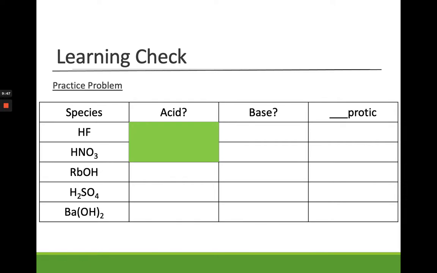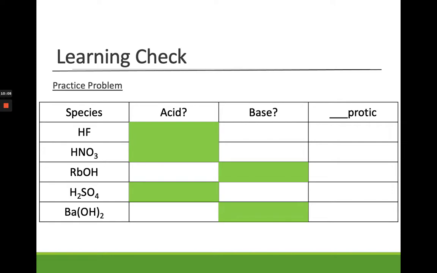Rubidium hydroxide, it's very obvious, is an OH producing species, so it's a base, and then H2SO4, that's sulfuric acid, and barium hydroxide is a base.